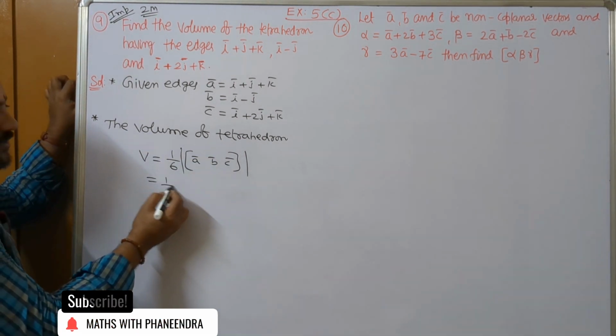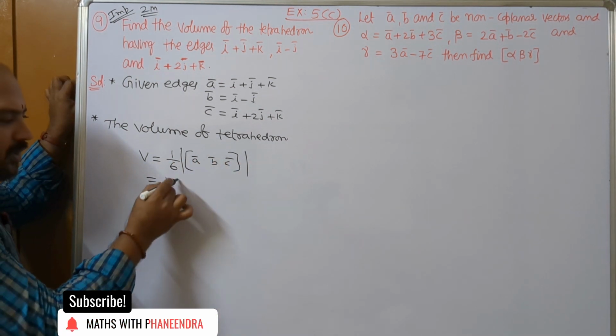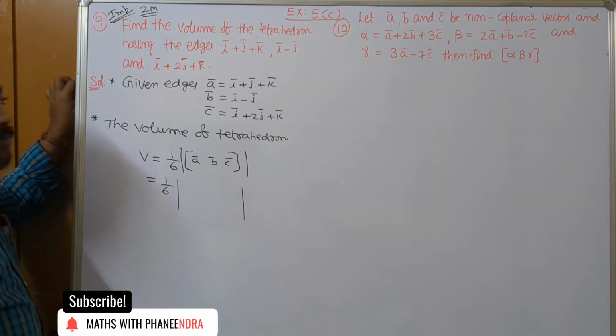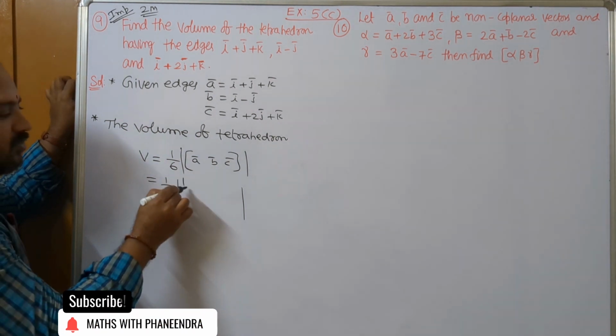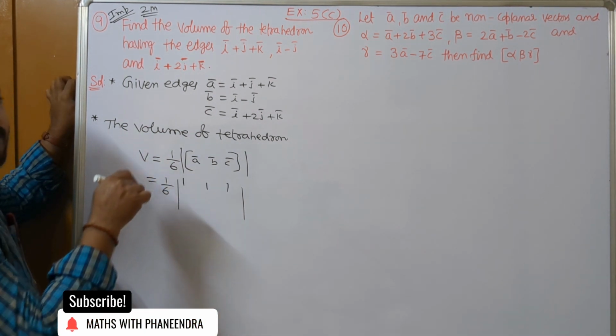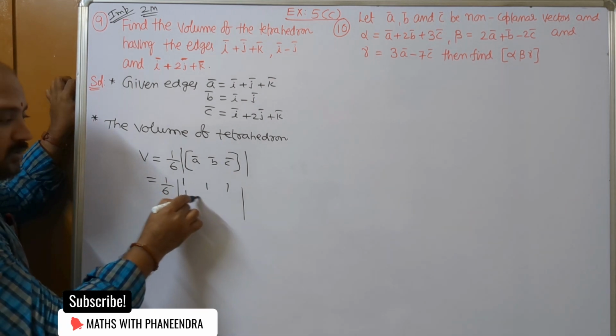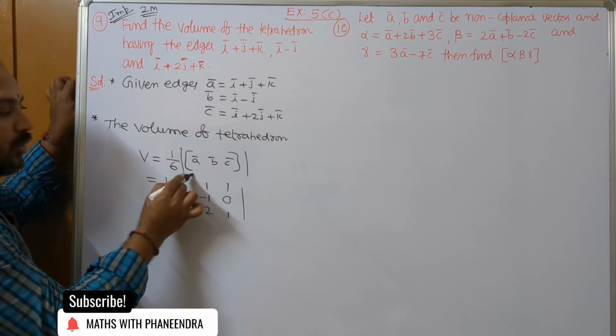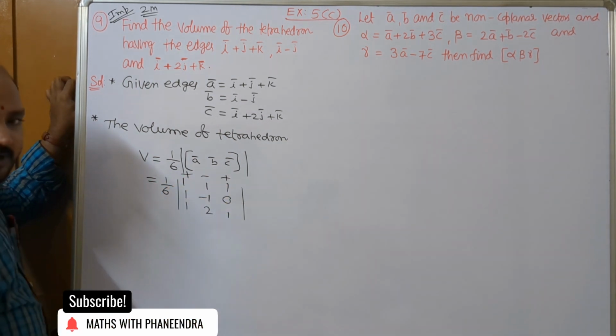So 1 by 6, box of ABC we know that now. A bar coefficients we write it, that means components of I, J, K: 1, 1, 1. In B bar: 1, minus 1, 0. In C bar: 1, 2, 1. How to expand we know that: plus, minus, plus.